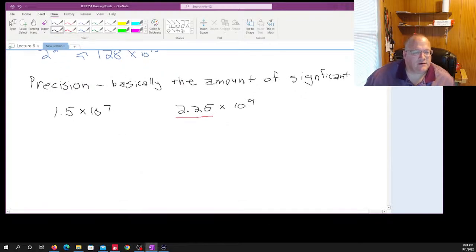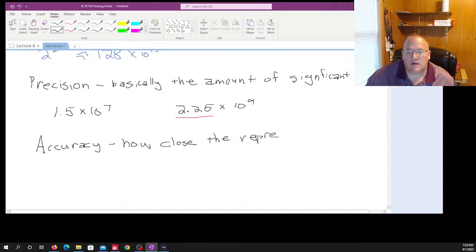And then the last one here is accuracy. So accuracy we can define as how close the representation is to the actual value.